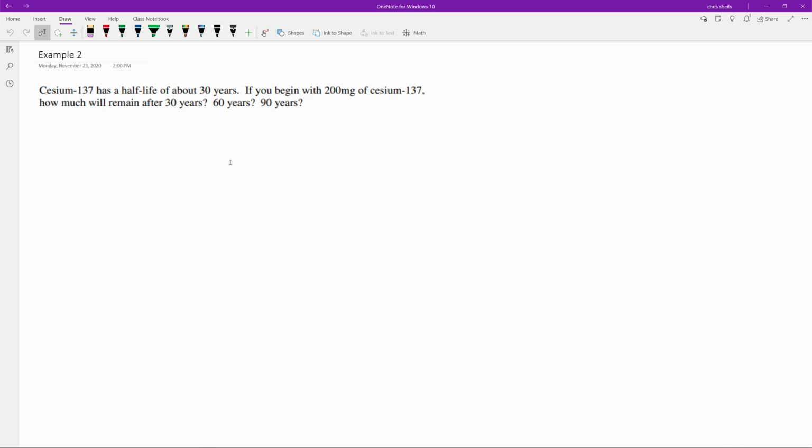How much of this will remain after 60 years or after 90 years? Well, after 30 years, half of it will remain, right? Because it has a half-life of 30 years. So after 30 years, or maybe we'll say t equals 30 years, we have 100 milligrams left, right?